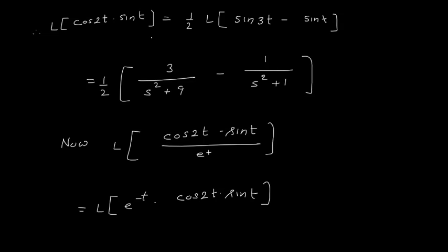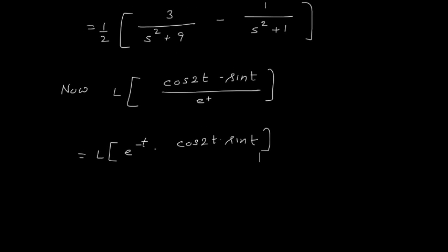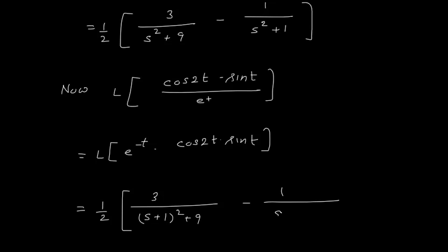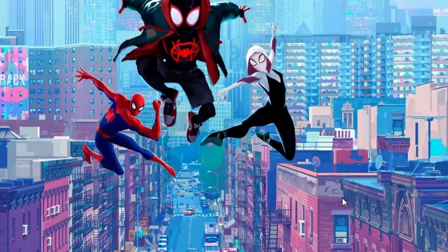So applying the first shifting theorem, the result which we got here, I will replace s by s plus 1. So I have 1 upon 2 outside, here it is 3 upon, now s is replaced by s plus 1, so it is s plus 1 square plus 9, minus 1 upon s plus 1 square plus 1.